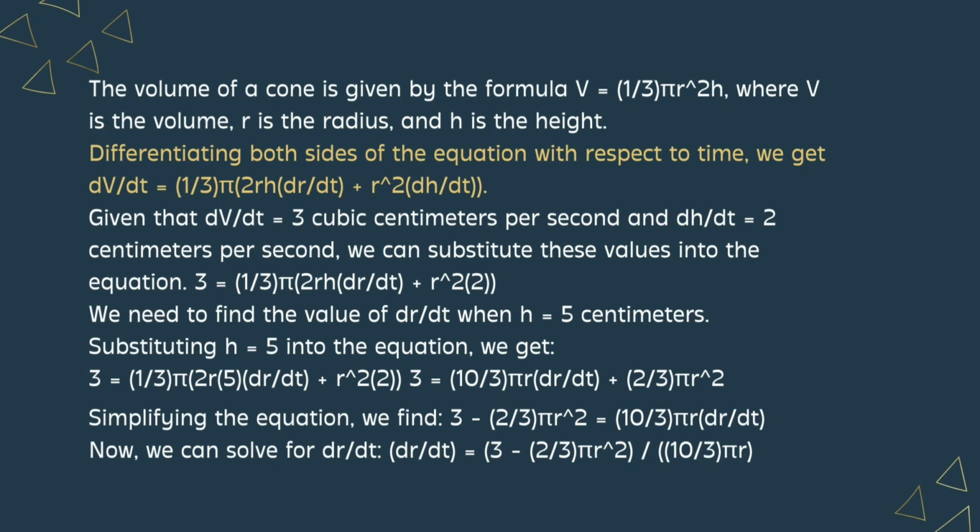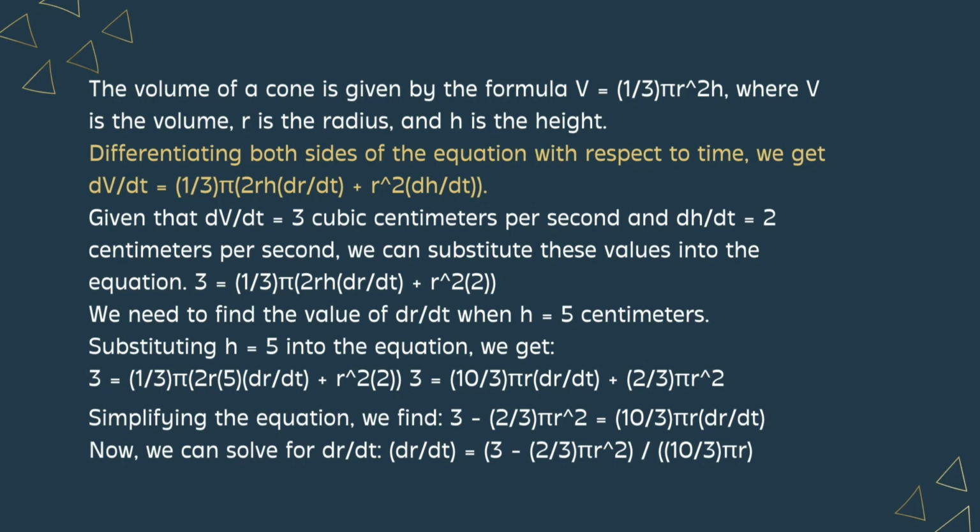Differentiating both sides of the equation with respect to time, we get dV over dt is equal to 1/3 pi times 2rh dr over dt plus r squared times dh over dt.